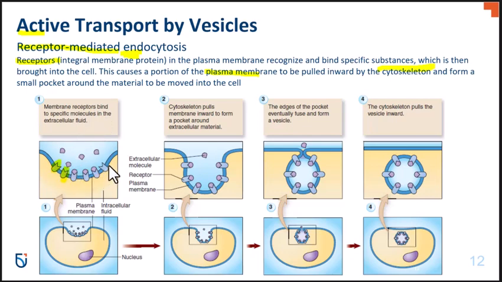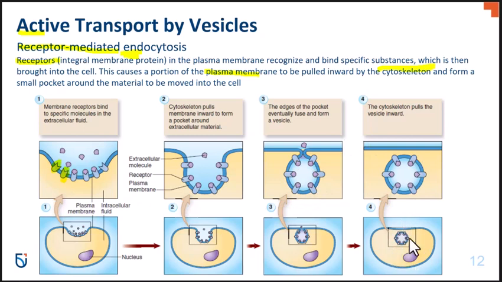So we have these receptors on the cell membrane that are specifically meant to bind with this substance. Now let's say this is a bacteria that binds with the cell. The cell will recognize it as being foreign, and the cytoskeleton will allow for it to pull inward to form that vesicle and bring it then in the cell.